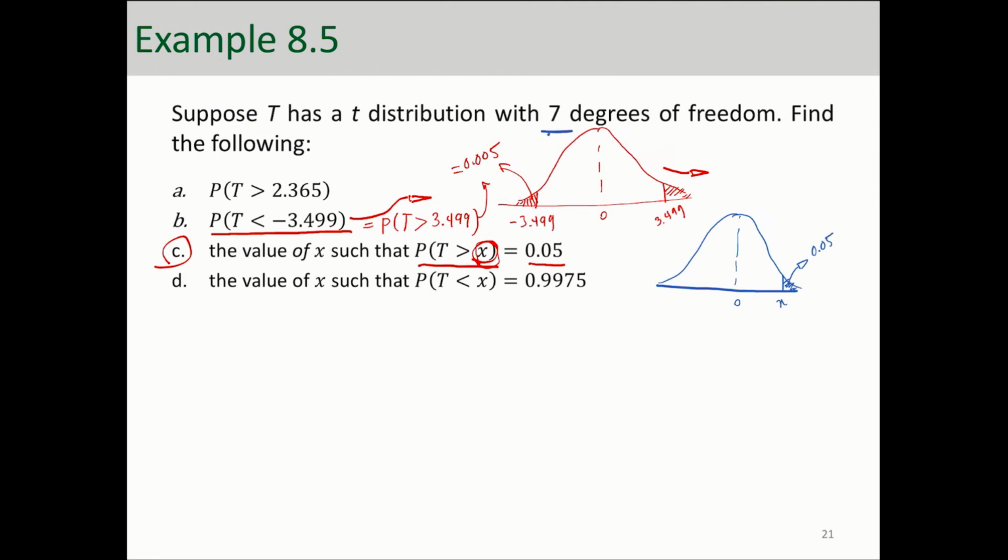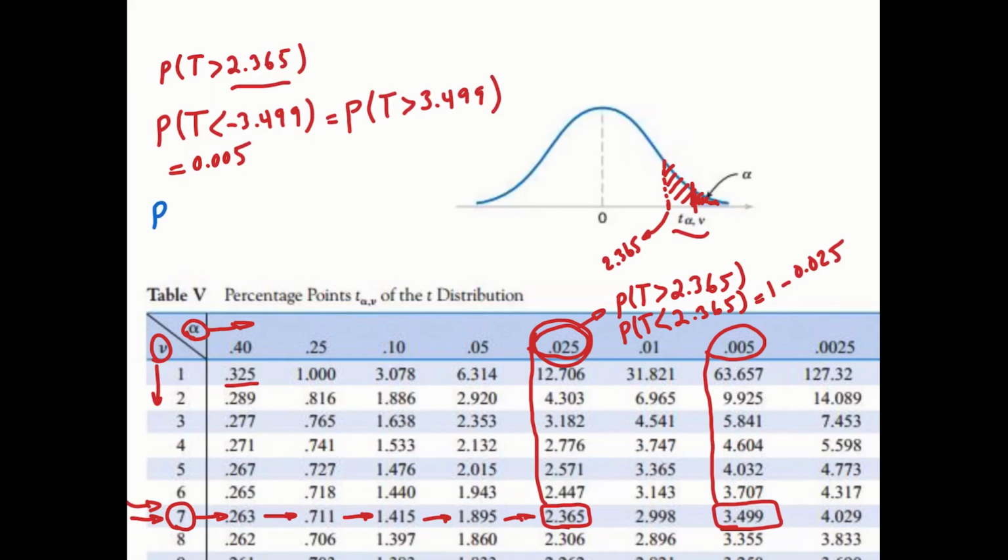Degree of freedom is 7, so let's take a look at the t table. We're looking for x such that probability of t greater than x is equal to 0.05. We go to the 7th row again, and this time we are given the probability, so we look at the first row for 0.05.